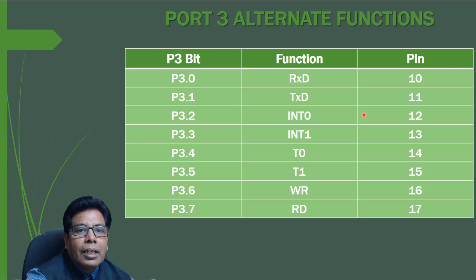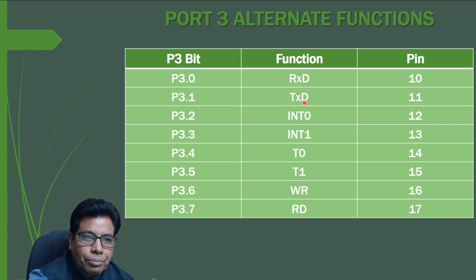So these are the alternate functions of port 3. Here we have P3.0 and P3.1. They are used for serial communication, receiver and transmitter data. Then P3.2 and P3.3, they are for the external interrupts INT0 and INT1. They are pin numbers 12 and 13.